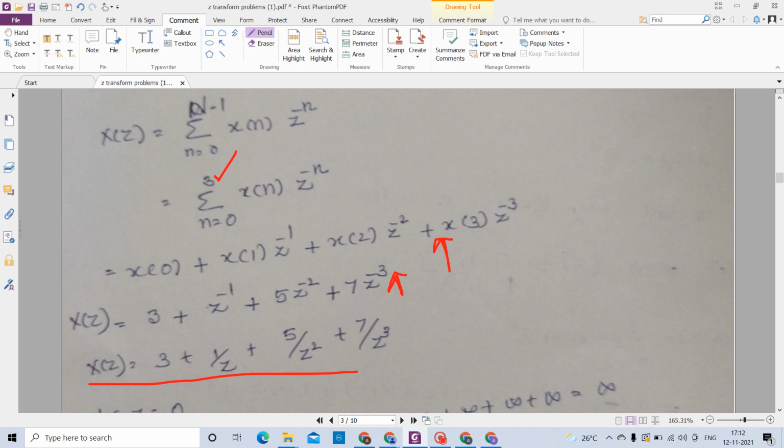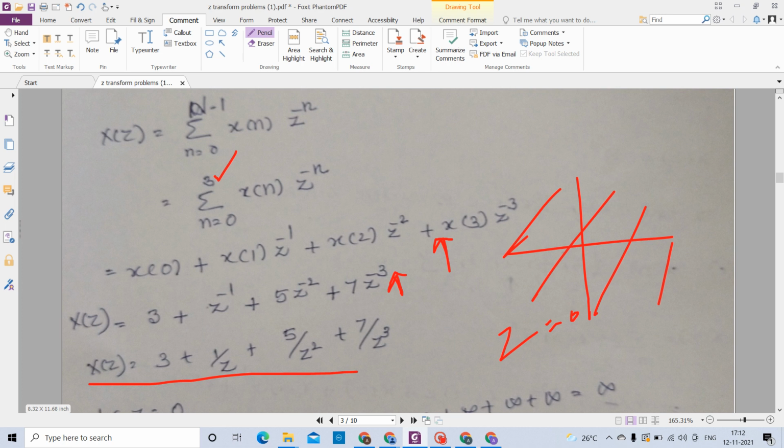Then you have to convert the inverse z into positive z by writing like this. As I said before, for this one the region of convergence occupies the entire Z plane except Z is equal to 0. We will see why it is like that.